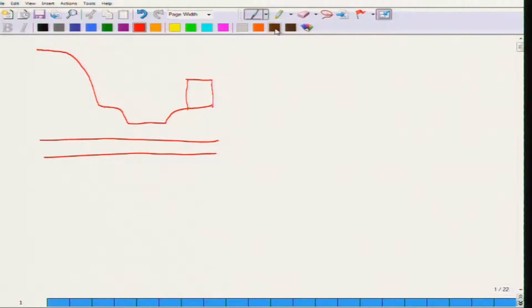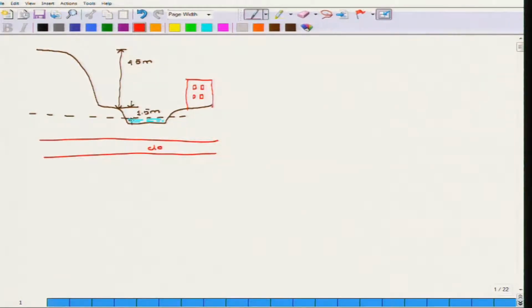Now, this is how the present diagram looks. The water table is here, and this side, where the lake carved a deep valley, has been given as 45 meter, while this height from here to here has been given as 1.5 meter, and this is the river, and this is the building.